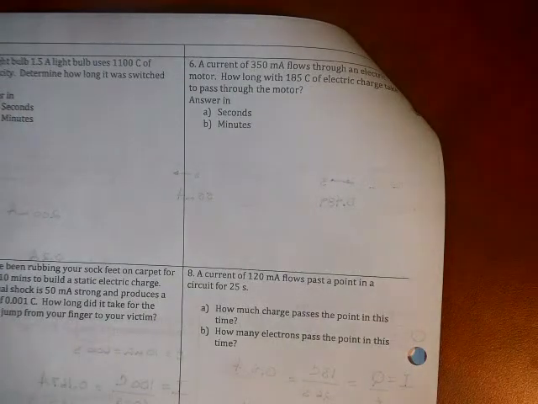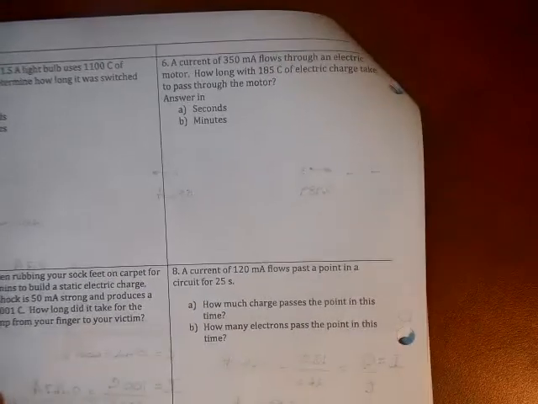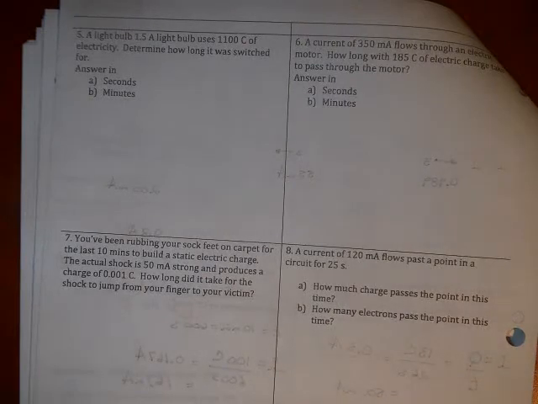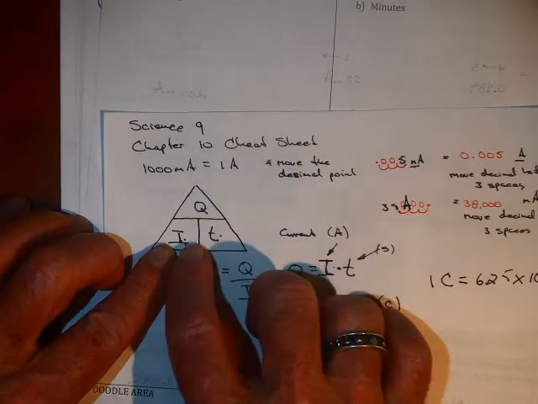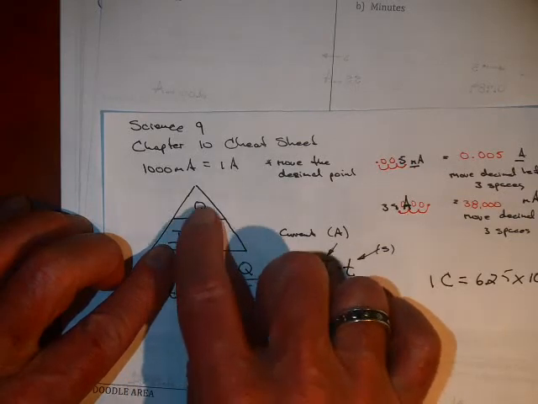Let's see what we have here. Every one of these is going to use this relationship here: I is equal to Q over T. You're going to be given two of these items and solve for the third.